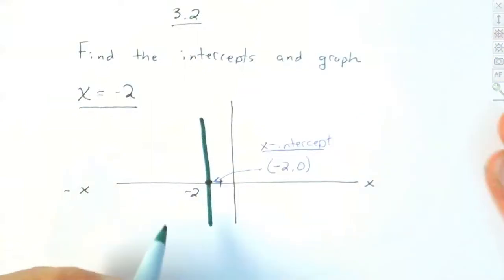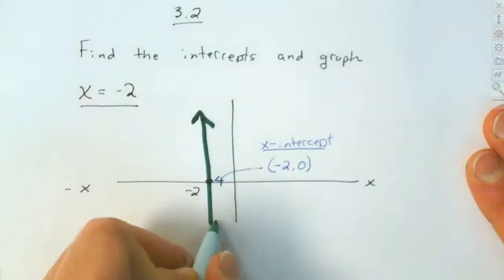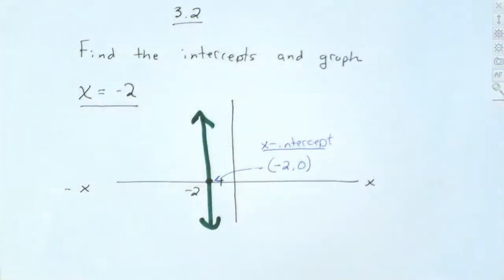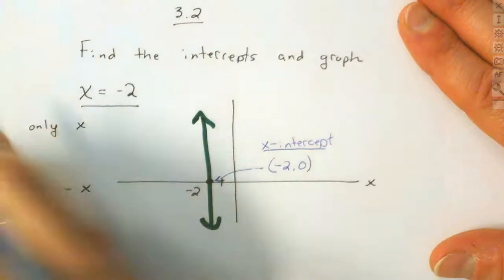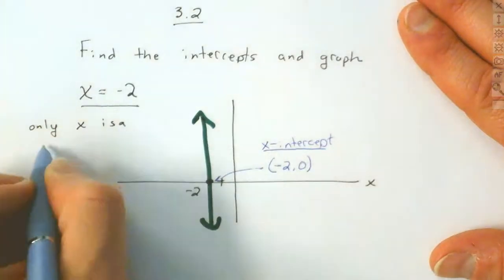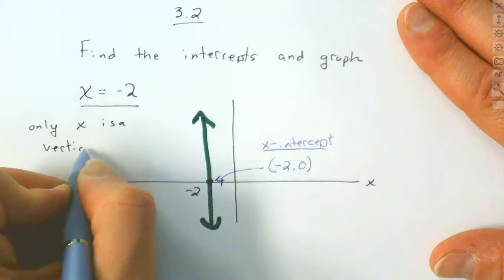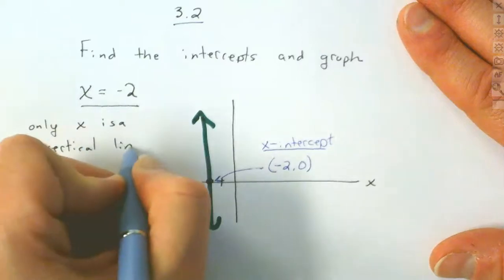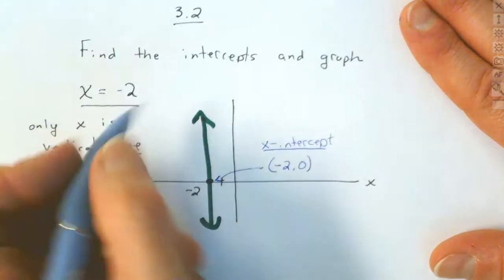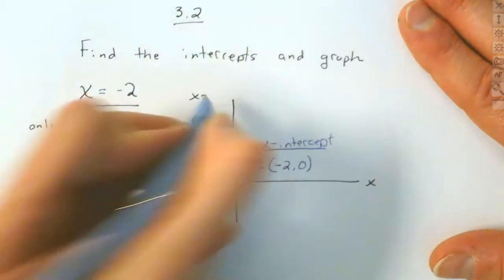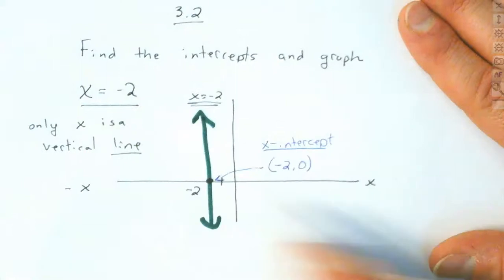Okay, it's a vertical line because it only has the x value. So when you only have x, it's a vertical line. And that's x equals, in this case, -2, because we find our x value.